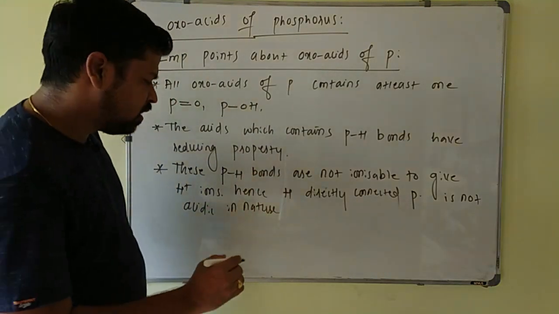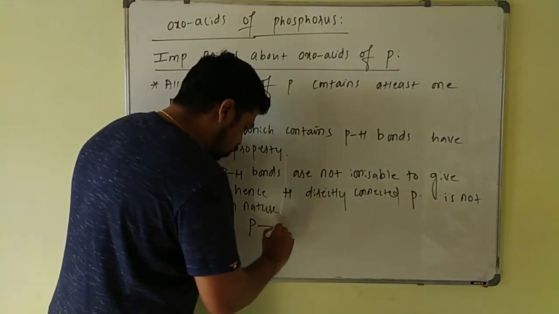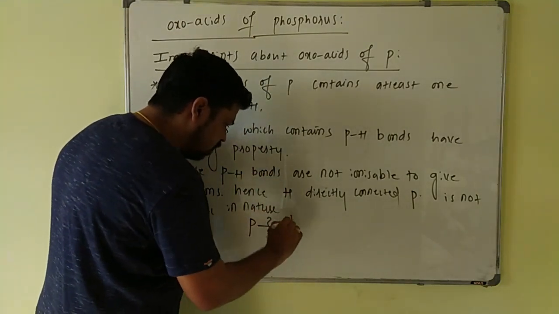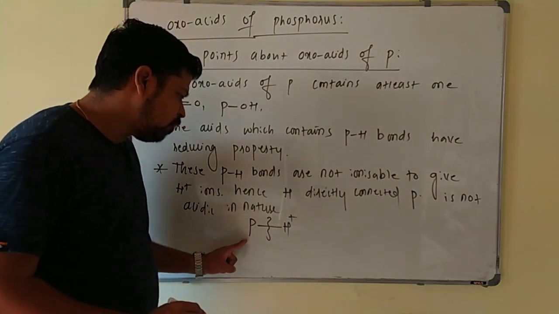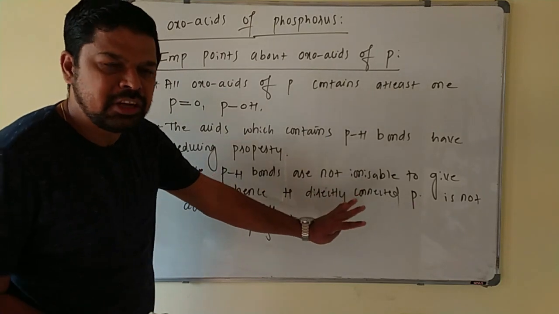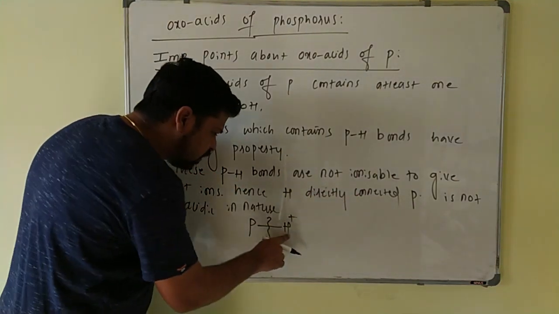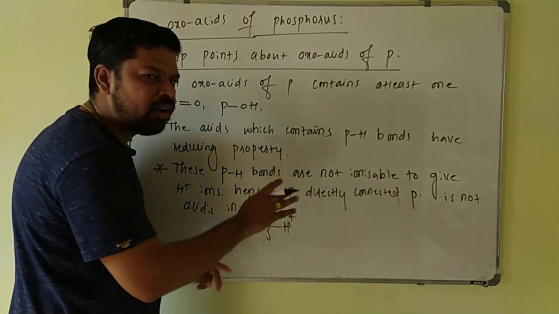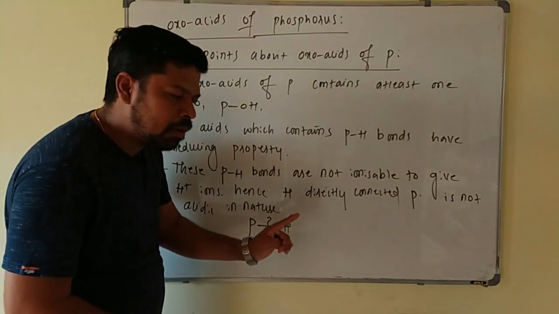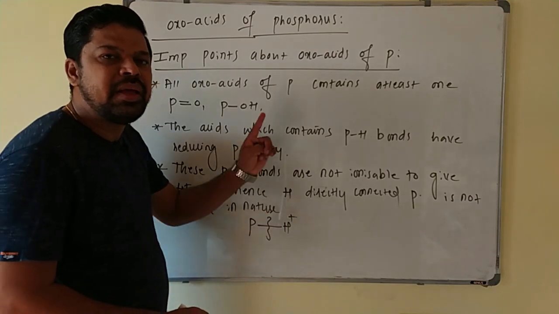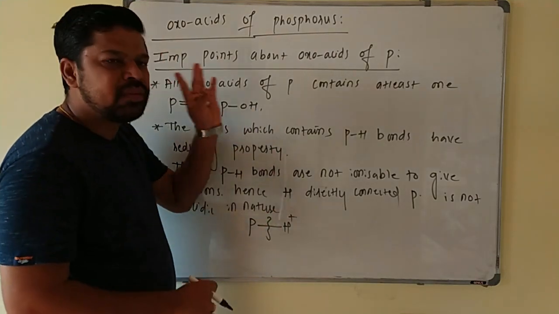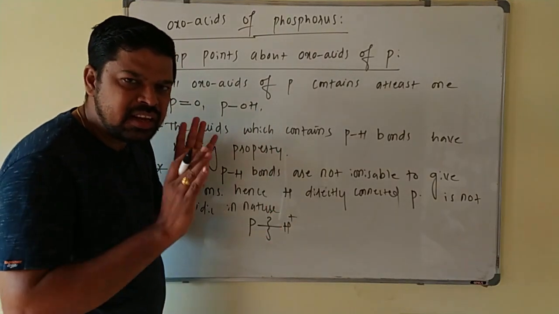These P-H bonds are not ionizable to give H+ ions, so the hydrogens directly connected to the phosphorus will not come out as H+ ions. Always keep in mind, the hydrogens directly connected to the phosphorus just impart a reducing character to the oxoacids. They are not acidic in nature.